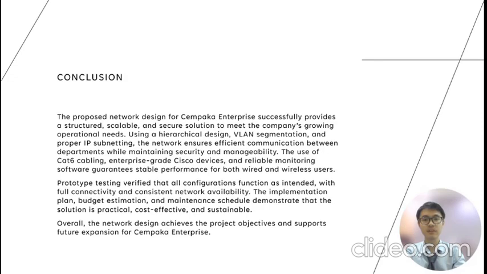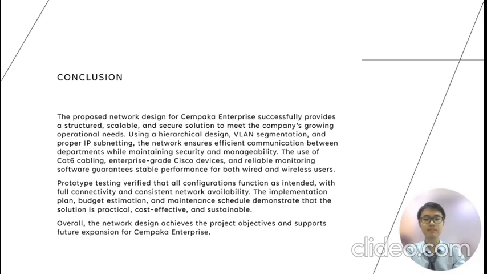The use of Cat6 cabling, enterprise-grade Cisco devices, and reliable monitoring software guarantees stable performance for both wired and wireless users. Prototype testing verified that all configurations function as intended with full connectivity and consistent network availability.